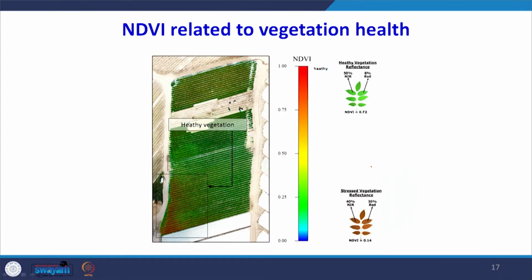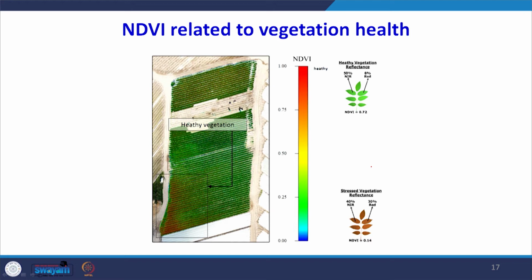Now this, as I told you, is related to vegetation health, and there are many studies where farmers have been given advice on the basis of the NDVI values obtained during the various growing seasons of the crops.